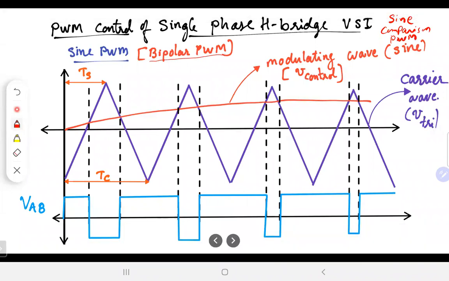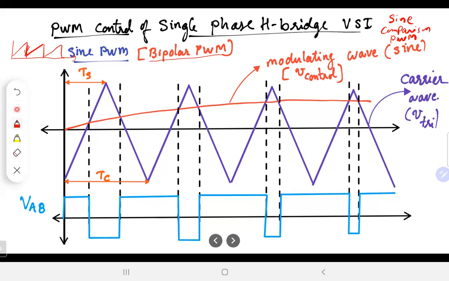So what they do is that you take a carrier, which is a triangle, or it could have been a ramp also, in the sense that it would be a sawtooth waveform or a triangle. Now the side effect of a sawtooth is that whenever you have this downslope, it is very quick, and that will essentially cause additional switching.